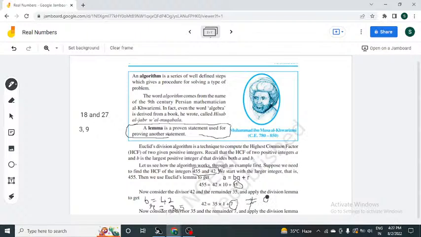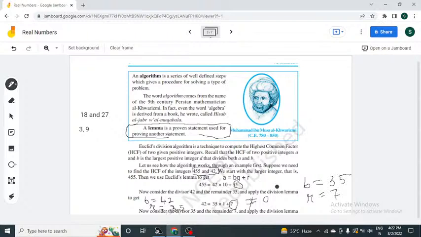That means we have to continue the steps until we reach 0. For the next step, the value of B is 35 and R equals 7.